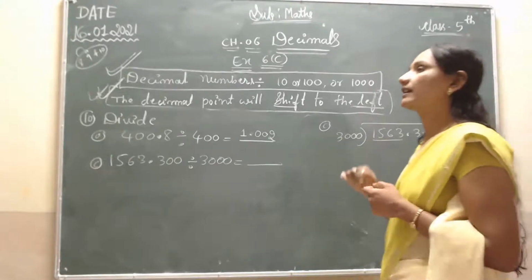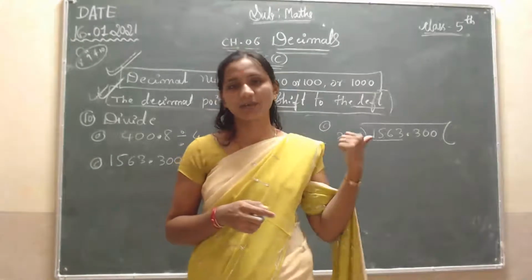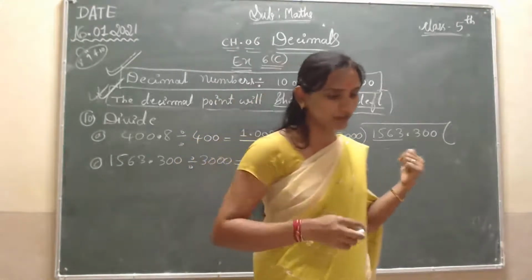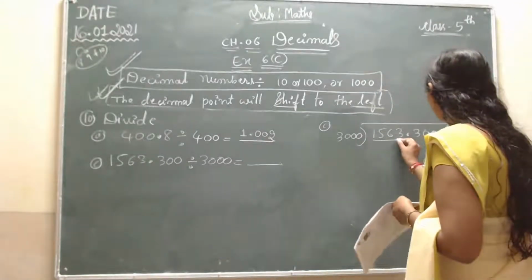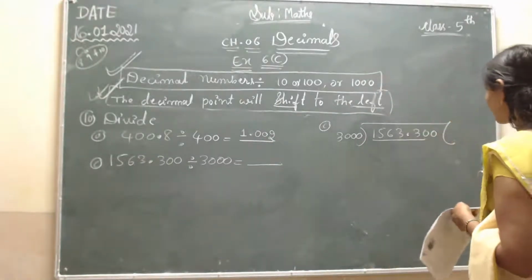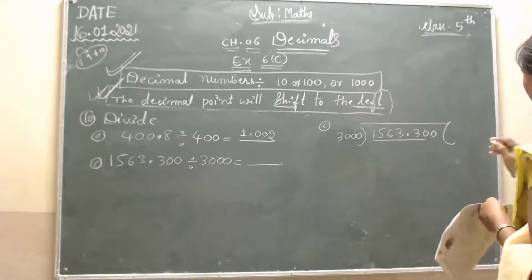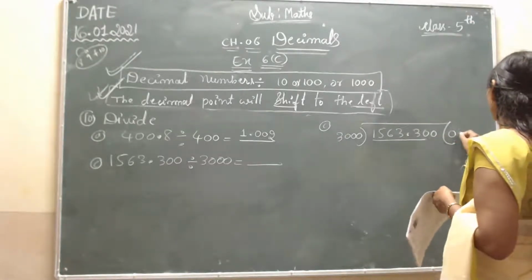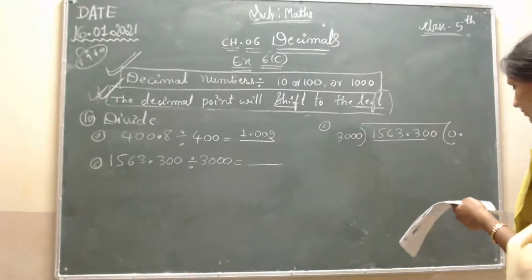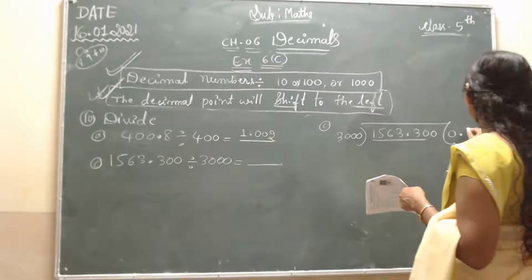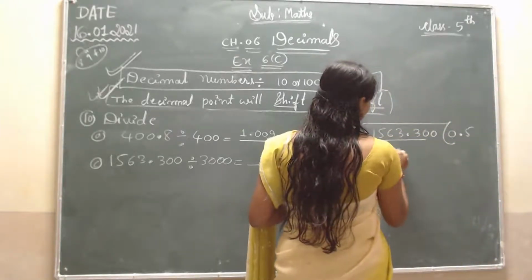Comparing divisor and dividend, 1563 is the lesser. So we have to write 2 zeros here again. So you have to take 15,630. Now write 0 point. Okay. So next, 3,000 times what? 3,000 times 5 means you have to take 15,000.